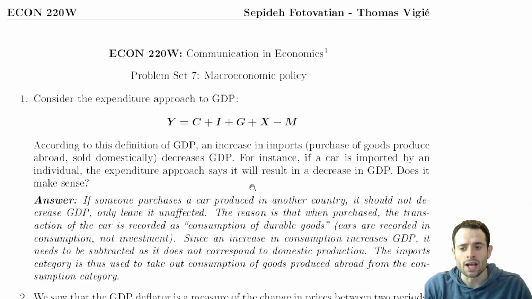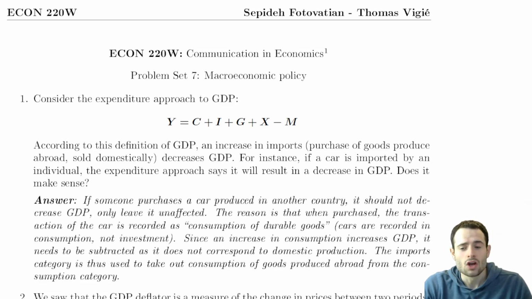So instead of looking at this as the purchase of the car only enters here, it actually enters the consumption category. And to remove that purchase, because it should not affect GDP, we actually write minus M. If the car, for instance, costs $30,000, consumption will increase by $30,000. Thus, GDP will increase by $30,000.